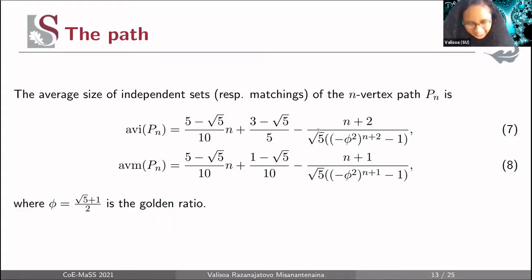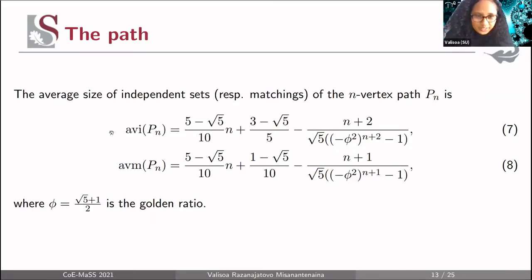And in that sense, the independent sets in the old graph will be the matchings in the line graph.